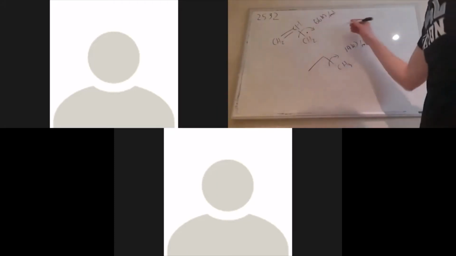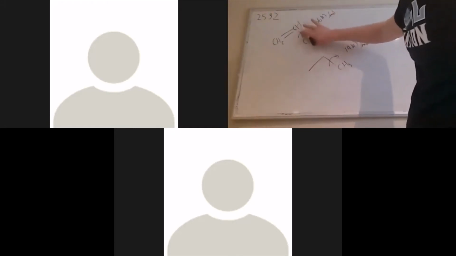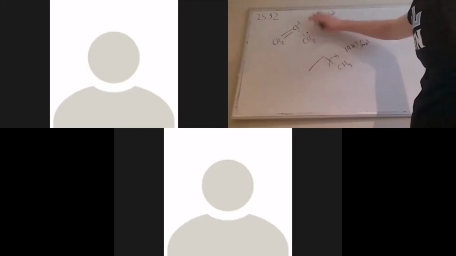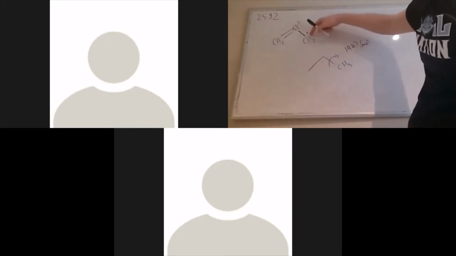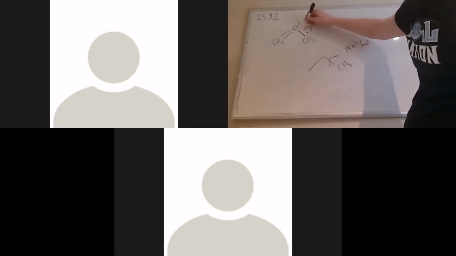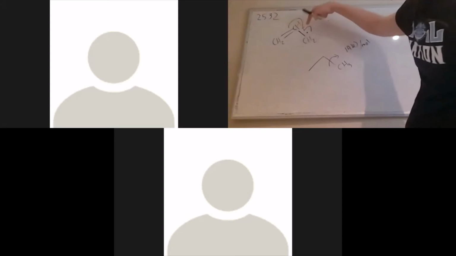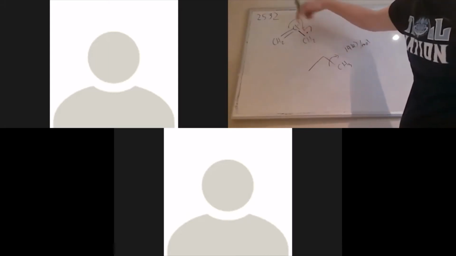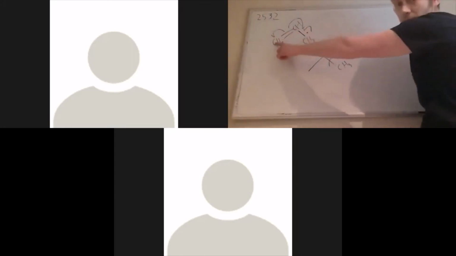That's because we have resonance for this. I'm going to erase this rotation arrow and just show you the resonance so we can see why that's a little bit harder to do. If there's a radical here, that radical can be stabilized by moving it into the double bond and moving another electron into it to make a double bond between here and this, moving the radical out onto this position.